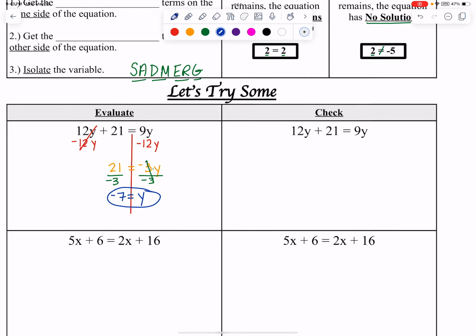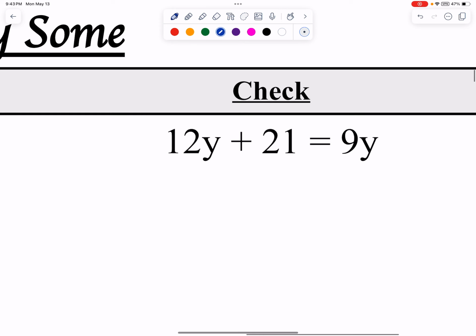Let's go ahead and plug it in to check. Here's how you do the checks. We said y is negative 7, so let's see if that's accurate. We're going to plug negative 7 in here, in parentheses. Also, negative 7 has to go over here. We want to see if putting negative 7 in creates an equivalent solution.